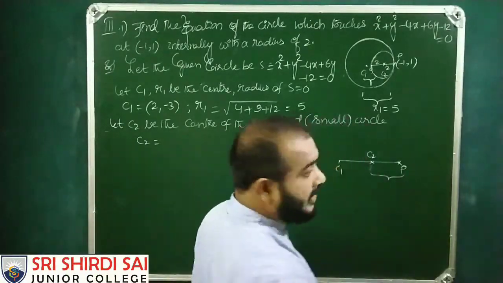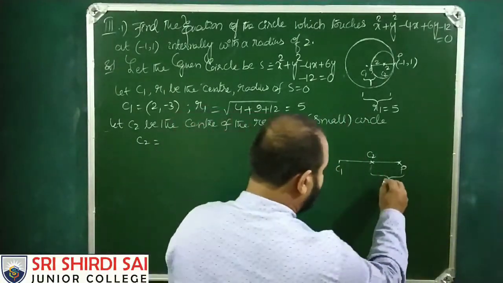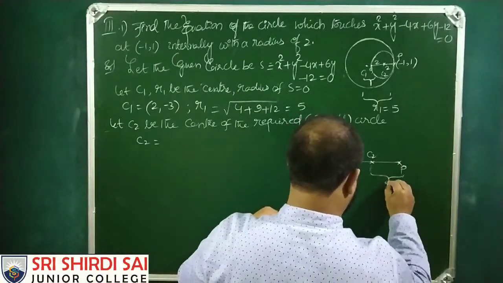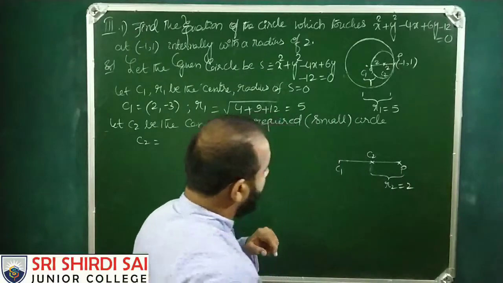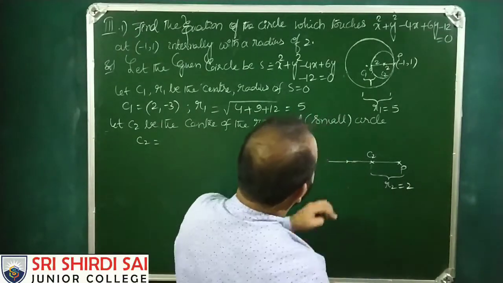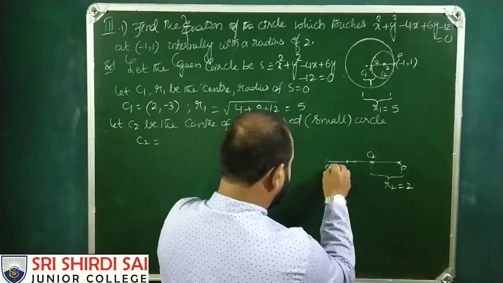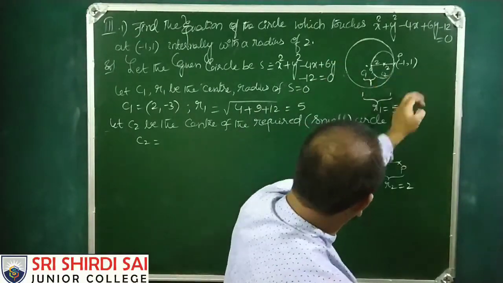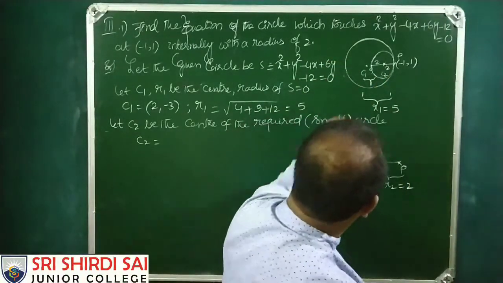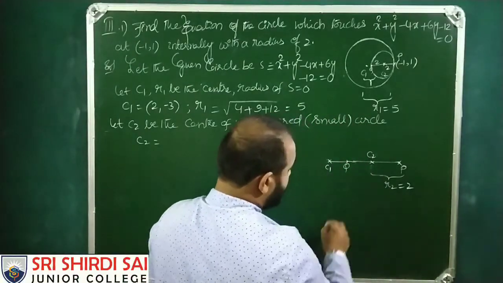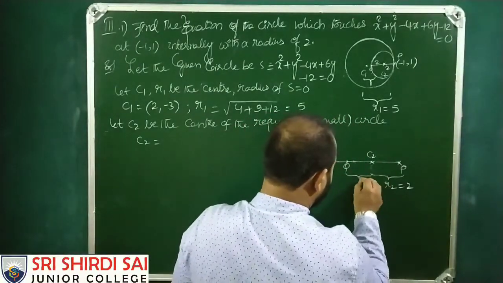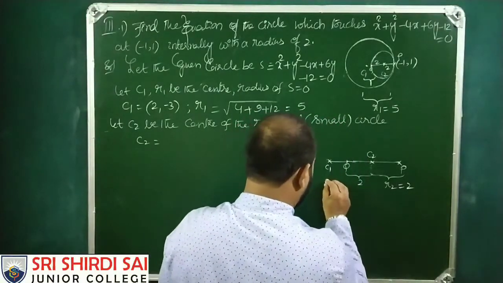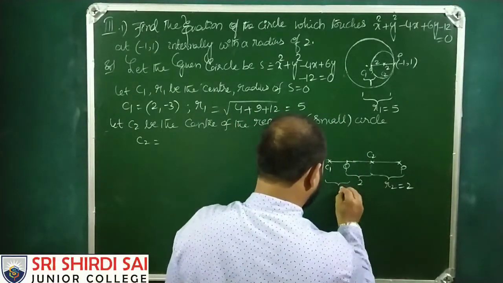C2P is the radius of the small circle, so R2 equals 2, given. C2P is equals to 2, and this is for example Q, so this is also 2. And C1Q is how much? 1.